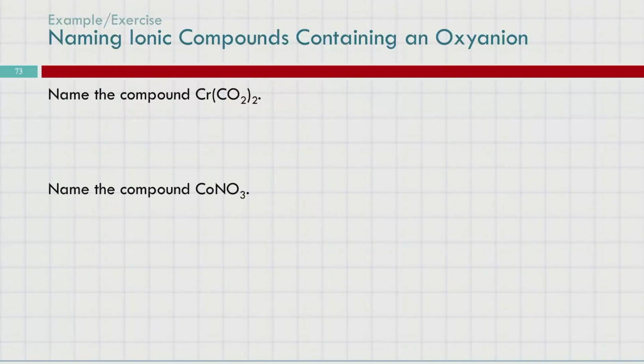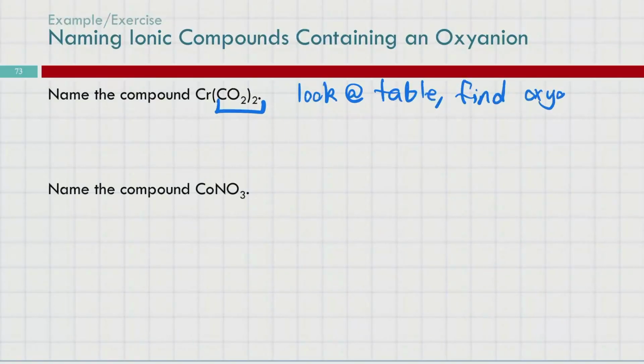All right, we want to name some ionic compounds that contain oxyanions. First, let's name the compound Cr(CO2)2. Just like with our other examples, the ones we started with, we need to figure out the charge of our anion first. So we would look at our table, and we would find the oxyanion with carbon in it.